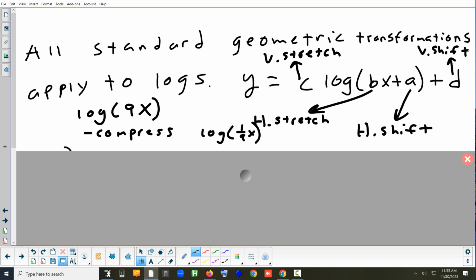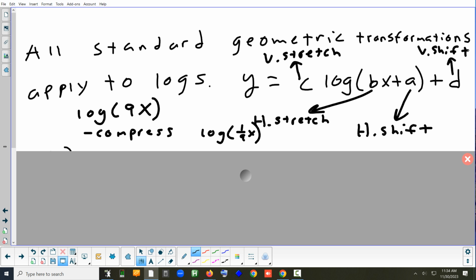Okay, those vertical transformations are not backwards. If you add for D, if D is plus, it goes up. If D is negative, it goes down. If C is a big number, like 20, it's going to stretch it 20 times as big. If C is a small number, like 1/3, it's going to make it 1/3 as tall. It's going to squish it smaller.